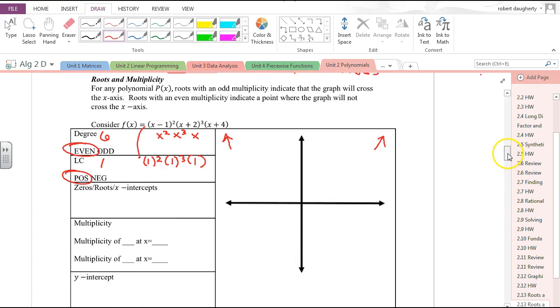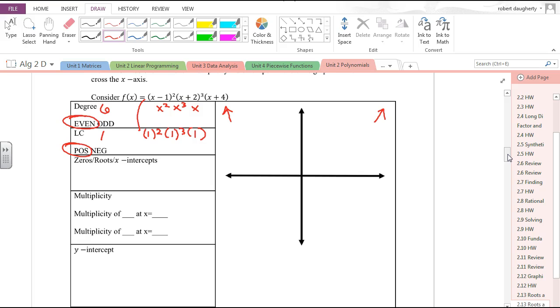Now let's see, what are the roots? x minus 1 is a factor, so 1, 0 is a root, negative 2, 0 is a root, and negative 4, 0. Those are the 3 roots, or x-intercepts, or solutions. I have a multiplicity of 2 at x equals 1, and a multiplicity of 3 at x equals negative 2.